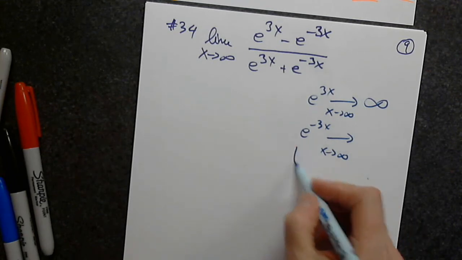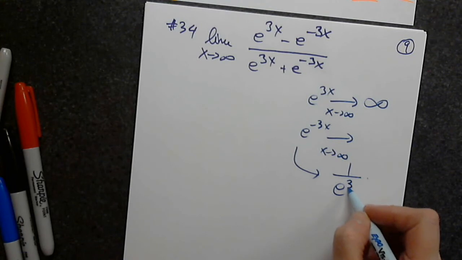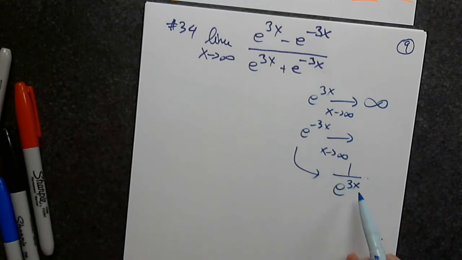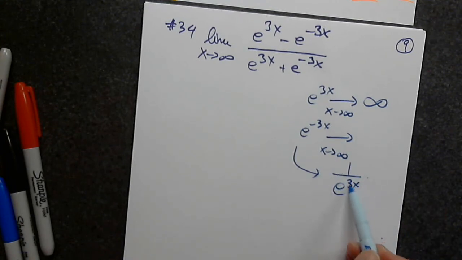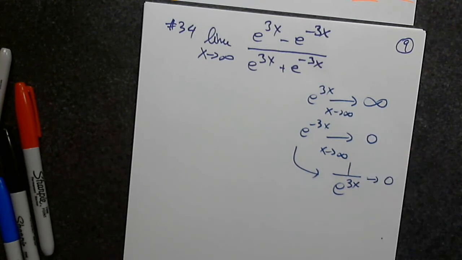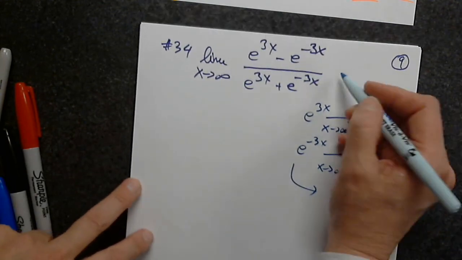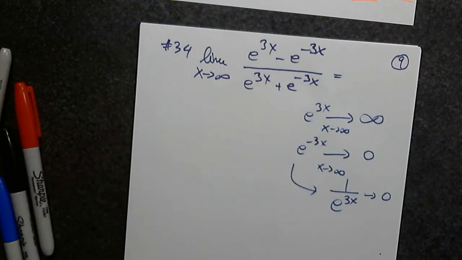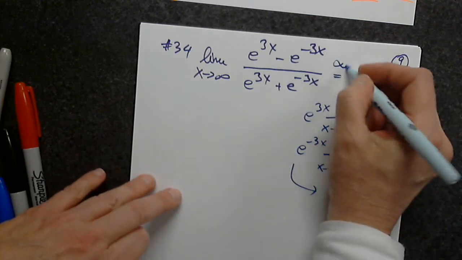Yes, because I know that this is 1 over e to 3x, and when x approaches infinity, this approaches infinity. So therefore, this will go to 0. Perfect. Excellent. So now you'll tell me where the top is going and where the bottom is going, because we need to know the type of limit we are facing. Right, which is infinity over infinity.